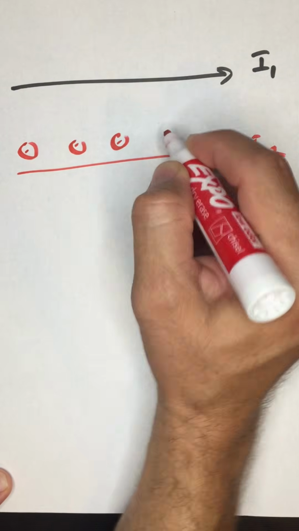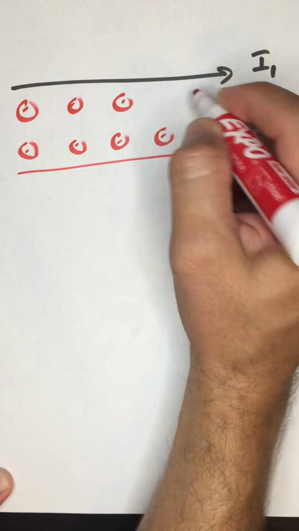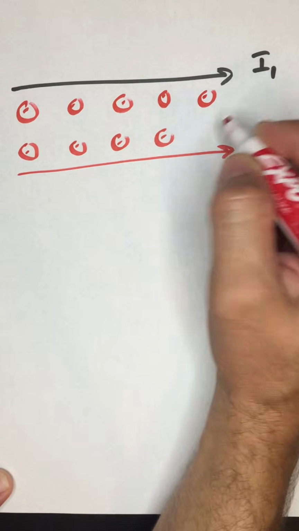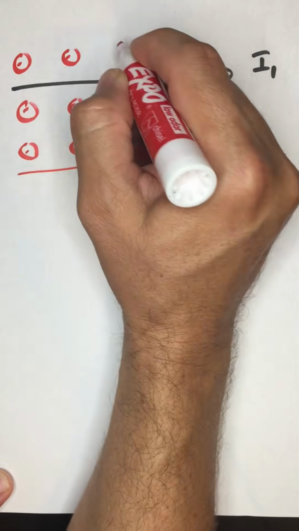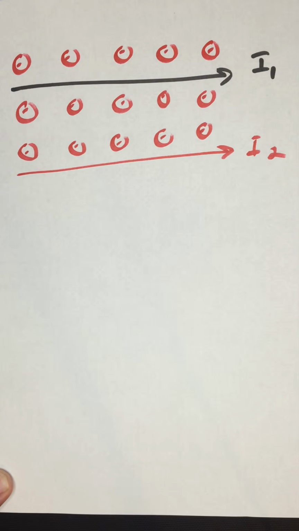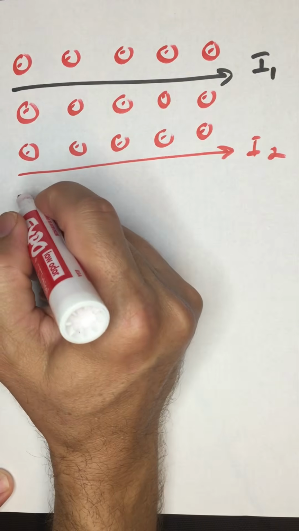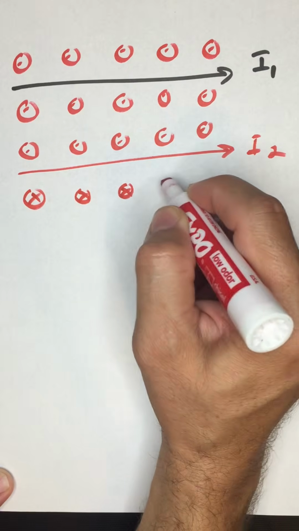That's here, here. Now again, this magnetic field is not going to be uniform because it will weaken as I get farther away from the source. But everywhere up here, I get a magnetic field that looks like that, and everywhere down here, I get a magnetic field into the page.